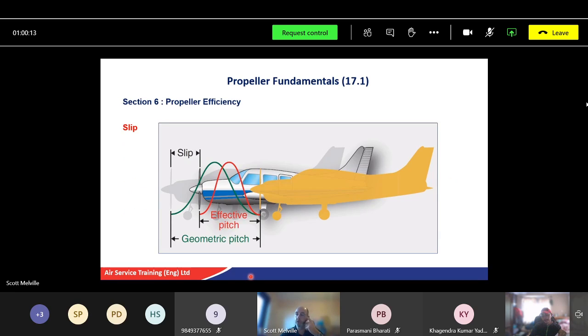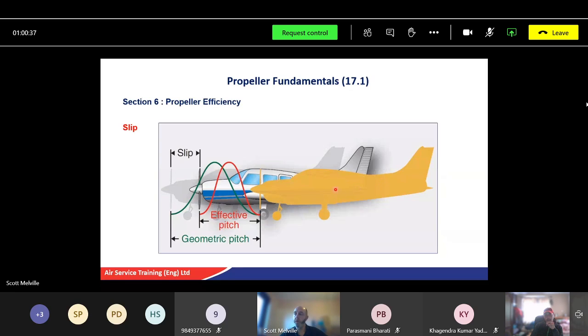So there's a diagram of what's going on. Your geometric pitch, from the tip of the blade as it rotates one full revolution, using the previous example, that distance there would be 50 inches. However, the effective pitch, as it went through one revolution, got to that point, which was 40 inches. So it's the distance between here and here, how much we've lost, worked out as a percentage.